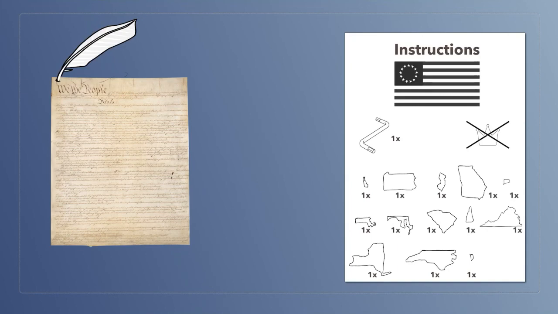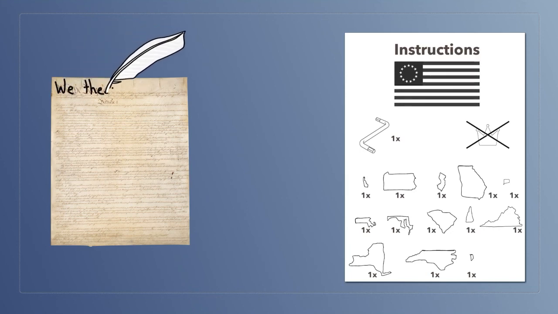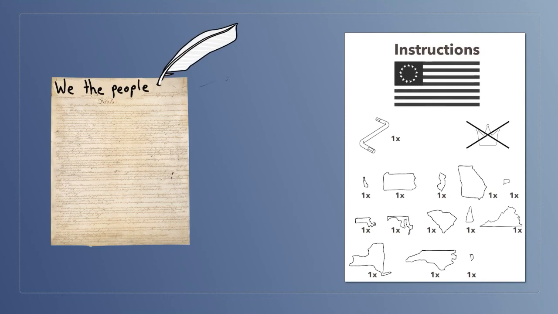The Constitution is like a set of instructions for how to make a country, how the country will work. And a very important part of the Constitution are the first 3 words. We the people.